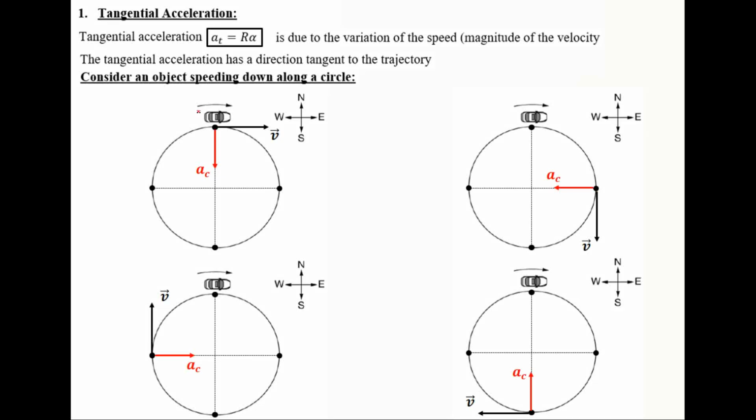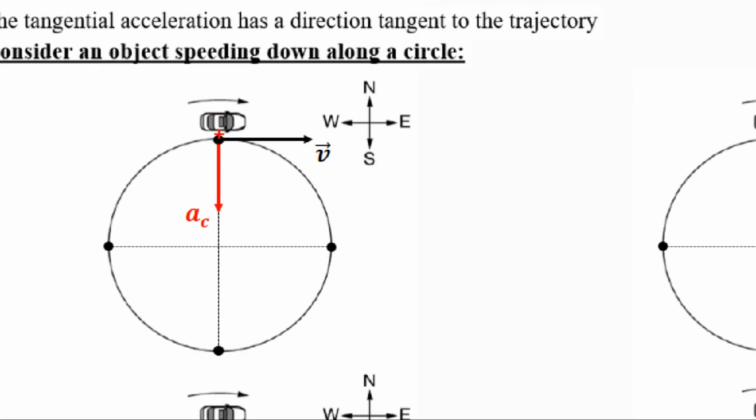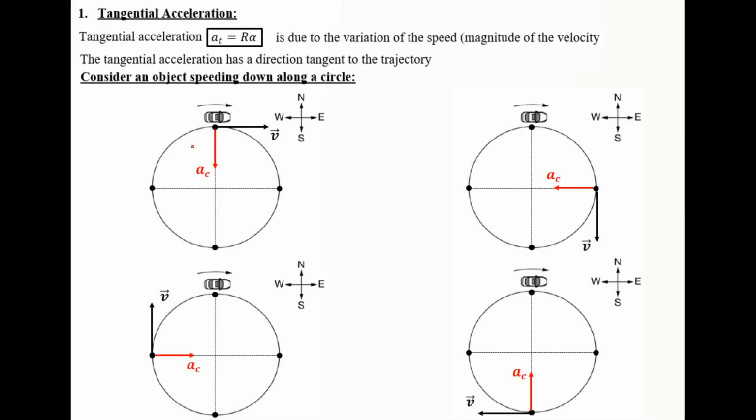Because this object has a variation in magnitude of the velocity, it will admit another type of acceleration given by a_T. It will be either to the right or to the left. Because it's slowing down, that would be to the left. And the total acceleration in this case can be determined from the tail to head method or by completing the parallelogram.